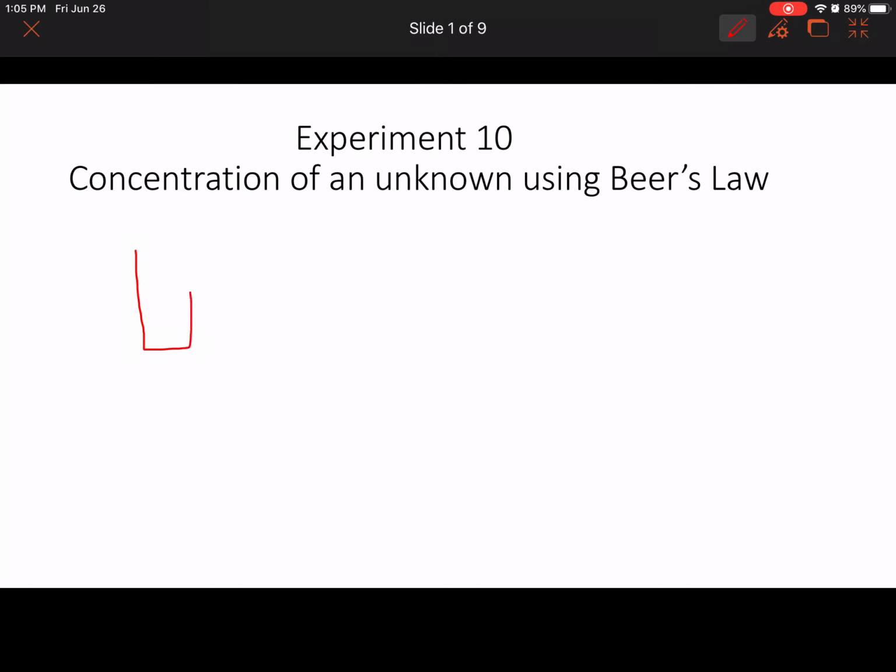A cuvette is the little glass container we normally use in the spectrophotometer. You put the dye solution into a cuvette, put it in the spectrophotometer, and let the light pass through it. Depending on the number of dye molecules, it tells us the absorbance.